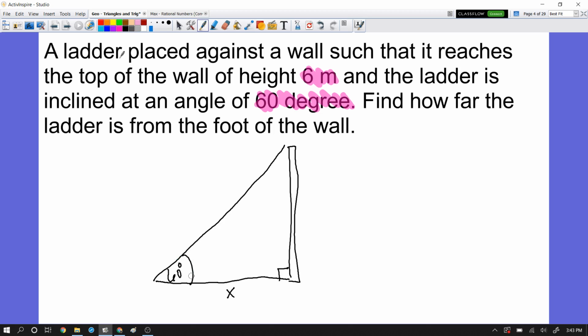A ladder is placed against a wall such that it reaches the top of the wall, at 6 meters. So it hits the wall at approximately 6 meters right here. That's 6 meters from the ground. So we don't know the hypotenuse. We know the opposite, and we try to find the adjacent.